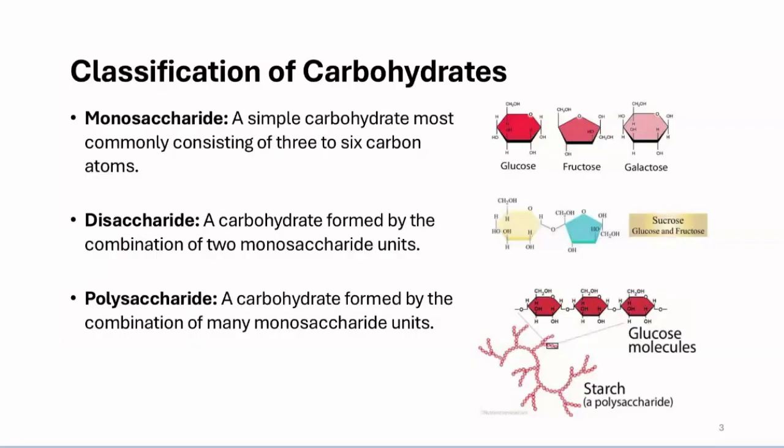Continuing on, when it comes to disaccharides, we see an example of a disaccharide. And here we have the example of sucrose. Sucrose is what we know in everyday life as table sugar. And the two monosaccharides that are linked together covalently to make sucrose are glucose and fructose.